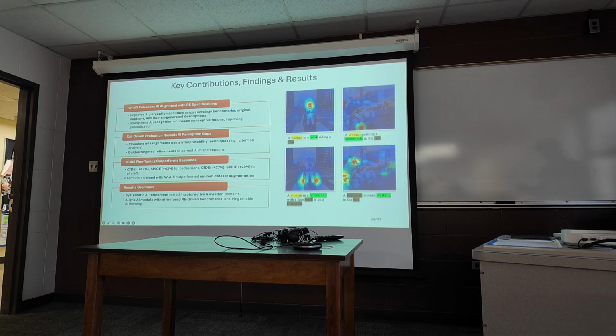This result confirmed that VIS strengthens both perception accuracy and the alignment with the formal specification. Overall, VIS provides a structured, integrated refinement loop for evaluating and improving model behavior in safety critical domains.